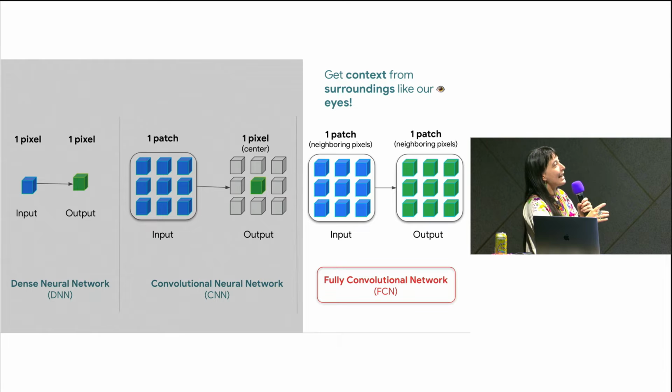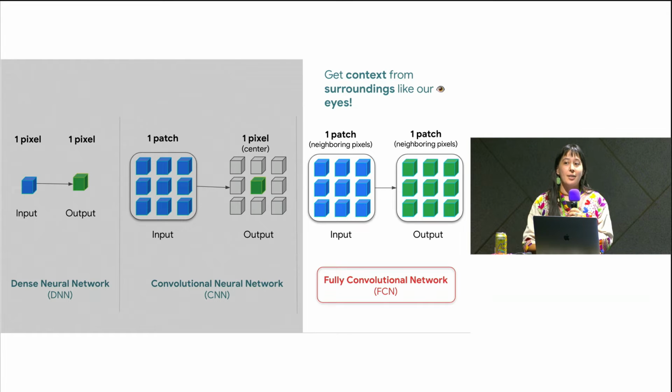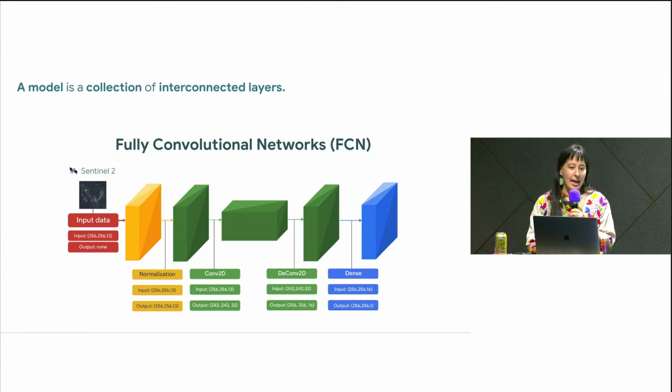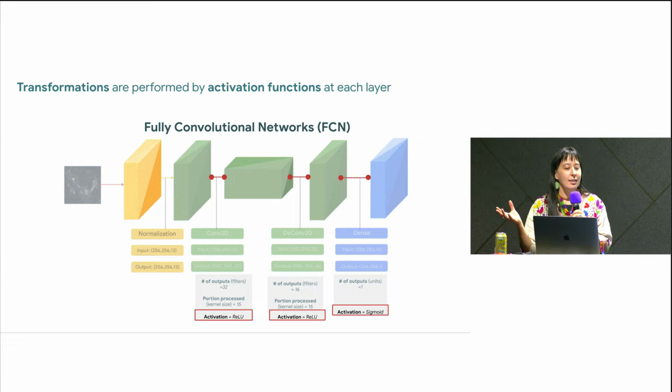Why? Because they take neighboring pixels and generate context for us. Remember having to write every single instruction? Forget about that. It takes context from the images automatically, kind of like our eyes do. And since a model is a collection of interconnected layers, we have to come up with an arrangement of those layers to transform our data based on our desired output.